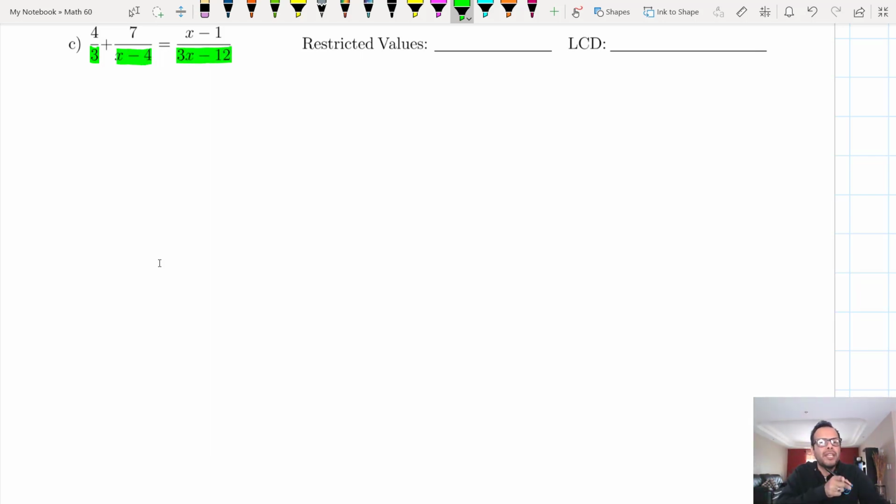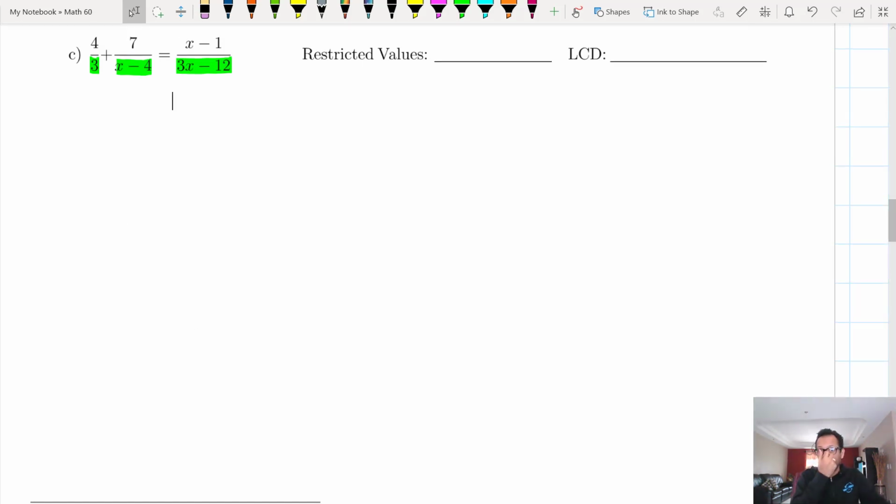On the previous examples, we didn't see ourselves in the need of factoring denominators. This is the first example in which we will need to factor out the greatest common factor, so that way we can find out what the least common denominator is.